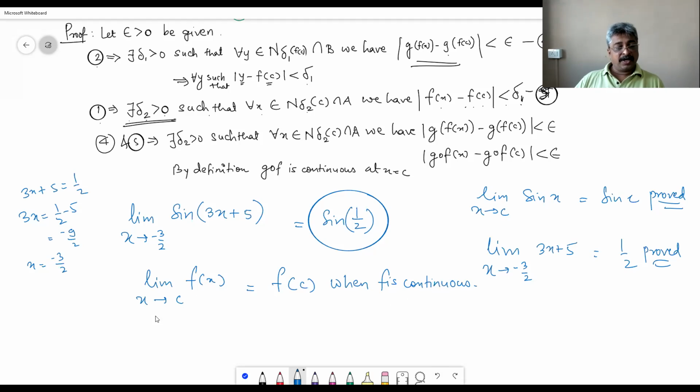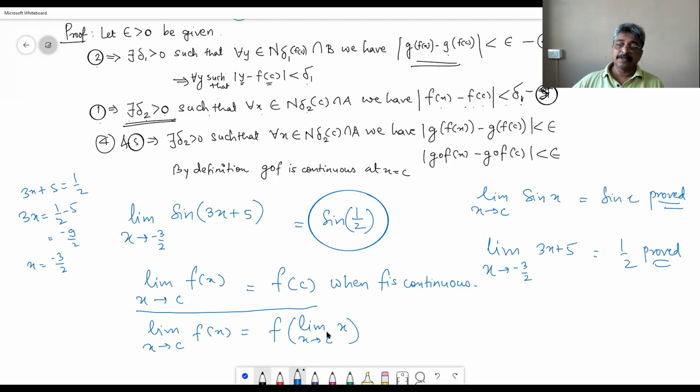And then what I am actually trying to do here is: limit as x tends to c of f of x is equal to f of limit as x tends to c of x, which is equal to f of c. This is the operation I am indirectly doing when I write this statement. Yes or no?